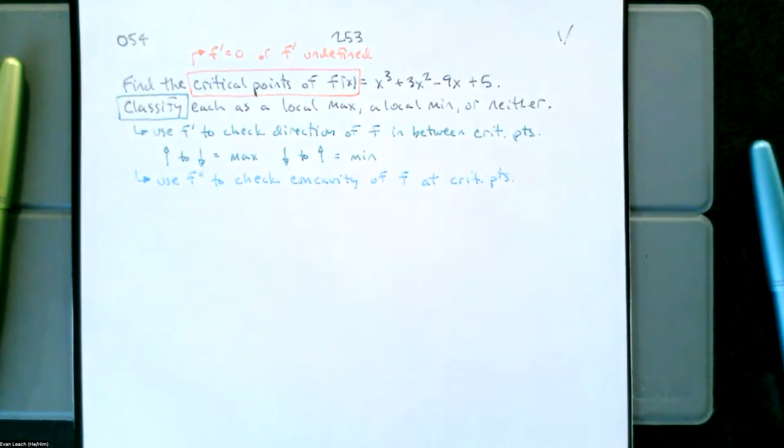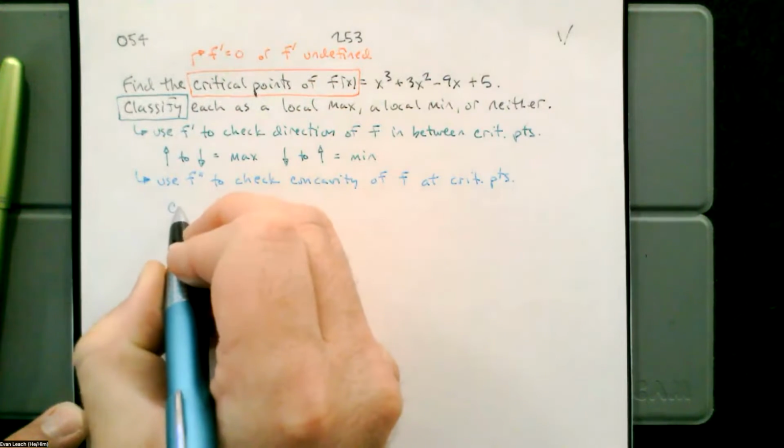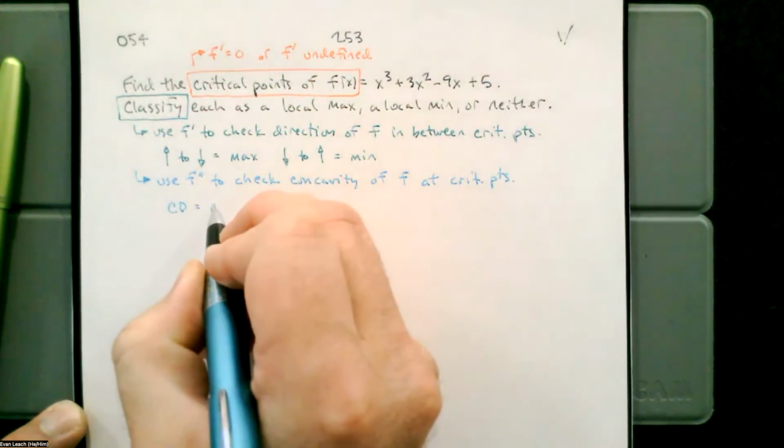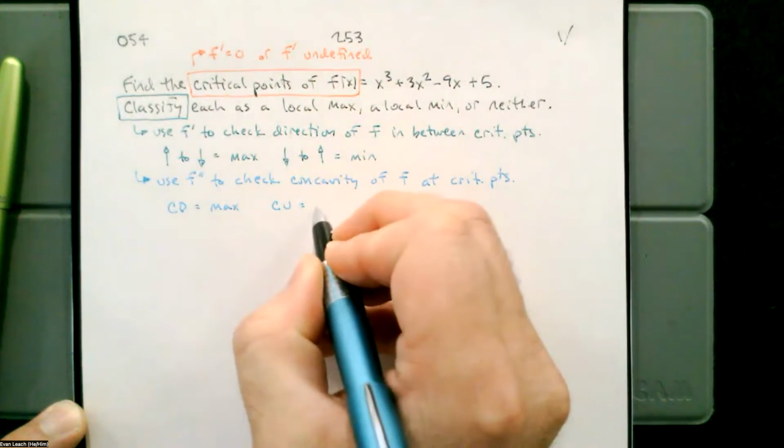Check the concavity of the function at the critical points. If we find that the function is concave down because the second derivative is negative at that point, then we can imagine a local maximum. So if we get concave down, we have a max. If we get concave up, we have a min.